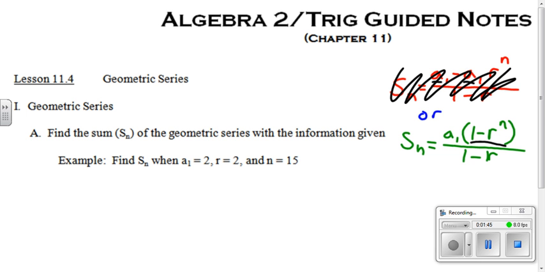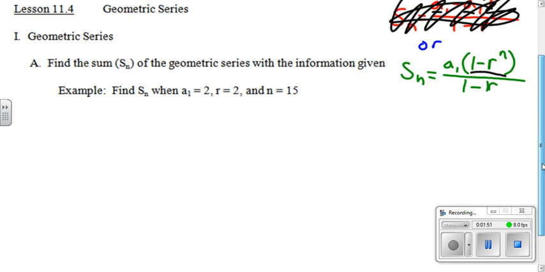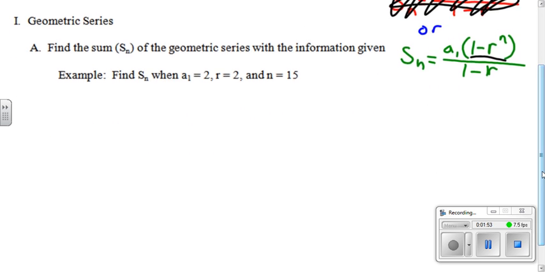So let's not look at the red one so much. Let's focus on only using that green one. That one will be a lot easier for us to use. So using that green one, let's see how one of these examples actually looks. If we want to find S sub n when our a sub 1 is 2, our r equals 2, and our n is 15, then we just plug everything right into our formula.